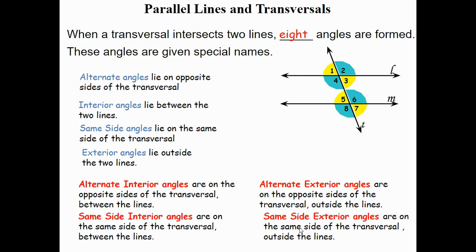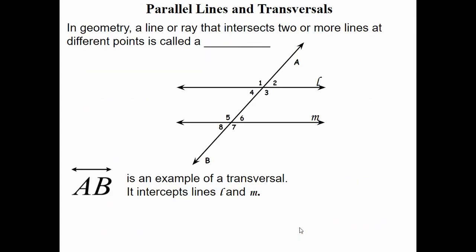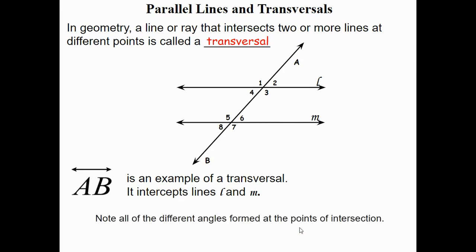So let's take a closer look at the angles here written in red. Again, we have a transversal in the middle and a bunch of angles are formed. The first ones we talked about were alternate interior angles.